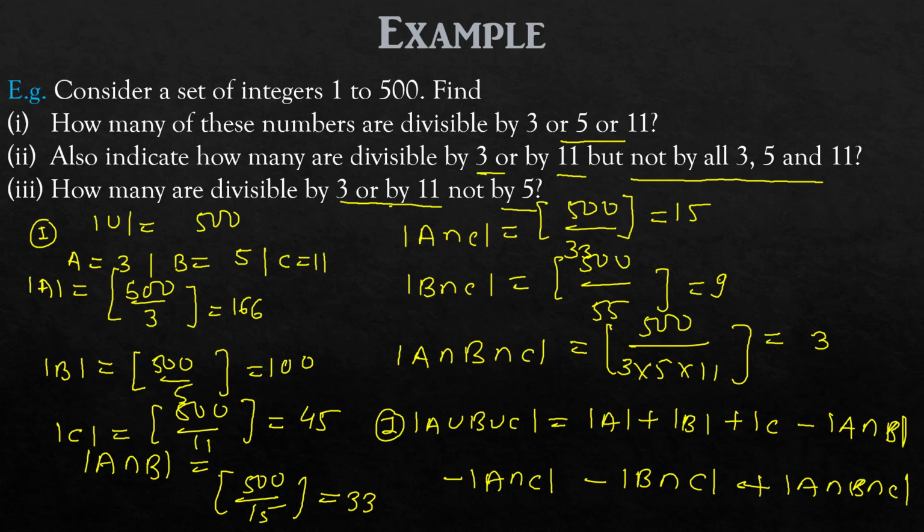How many of these numbers are divisible by 3 or 5 or by 11. We have to find numbers which are divisible by 3, 5 and 11.